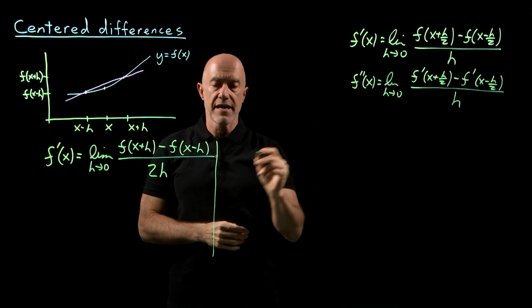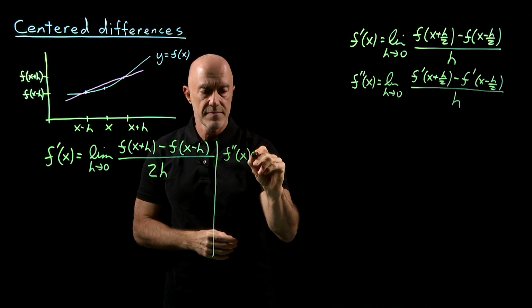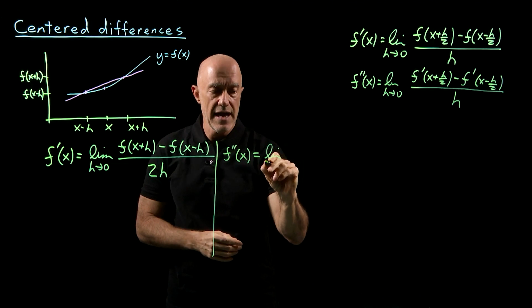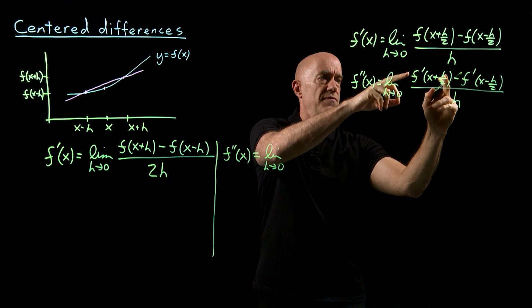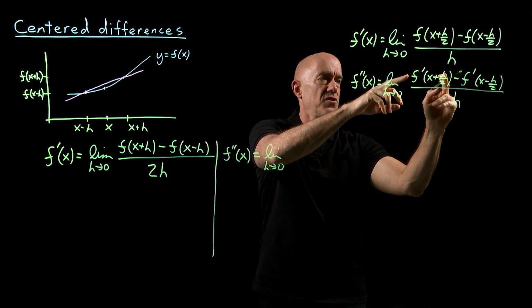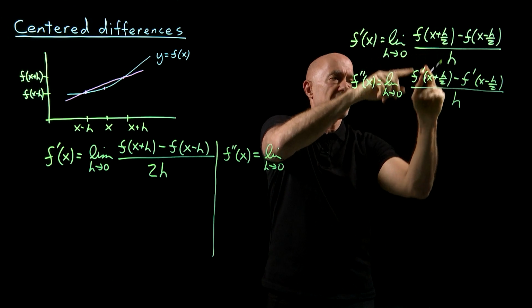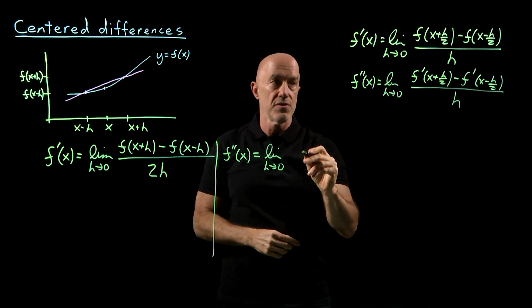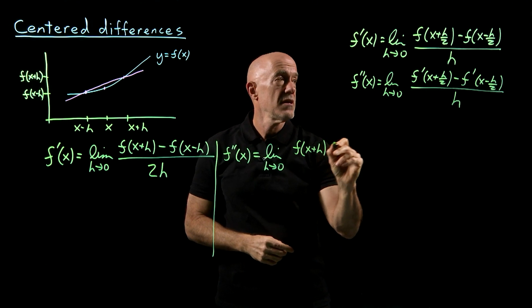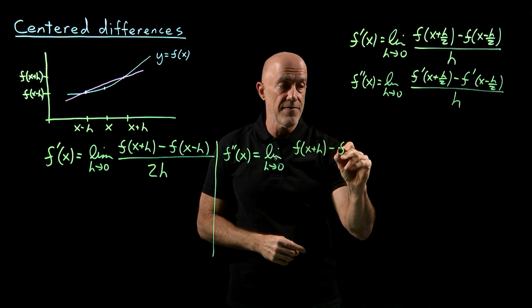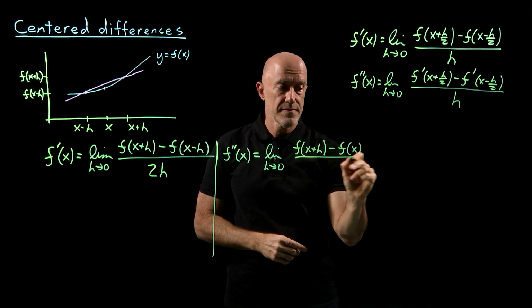So if we compute the second derivative, we have the second derivative with respect to x is the limit as h goes to 0. So this is the first derivative. Instead of f prime of x plus h over 2, we're going to substitute this one, where x takes the value of x plus h over 2. So we have f of x plus h minus f of x, divided by h.